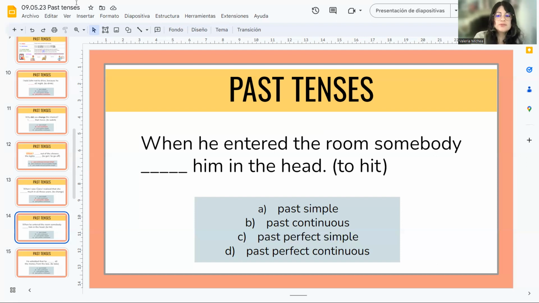Does anybody want to tell me why they chose what they chose? Sashenka, let's go.